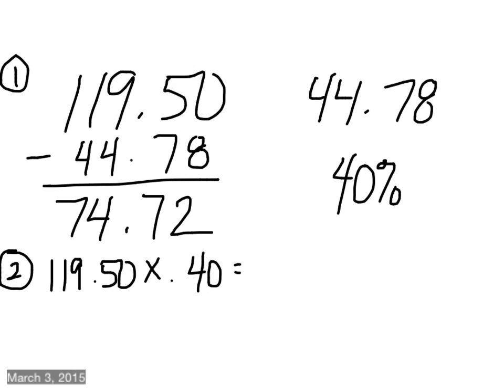We're trying to find our overhead. What's $119.50 times 0.4? $47.80.